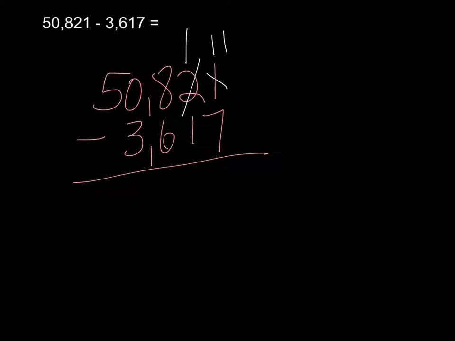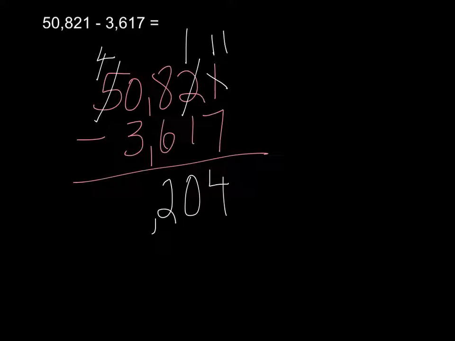If I have 11 take away 7, that's a difference of 4 in the ones place. 1 take away 1, difference of 0 in the tens place. 8 take away 6, haha, my brain skipped ahead, difference of 2 in the hundreds place. And now I get to the thousands place, and I am again presented with this conundrum. If I have no thousands, I can't take 3,000 away. So I'm going to have to ungroup from the next place value to the left, from the next greatest place value.